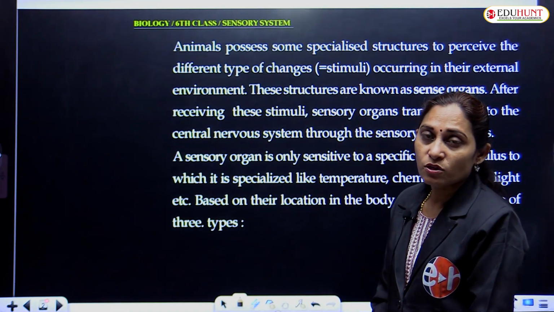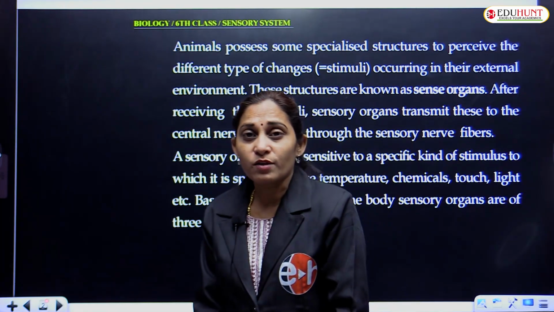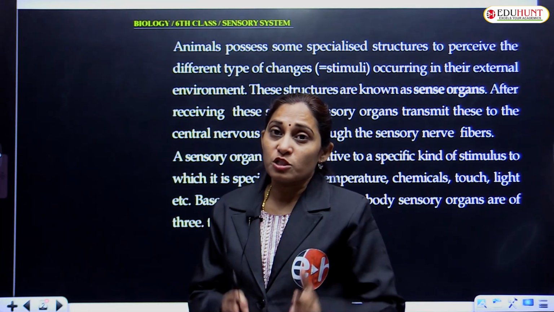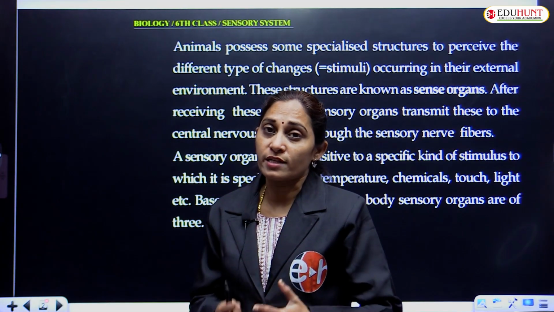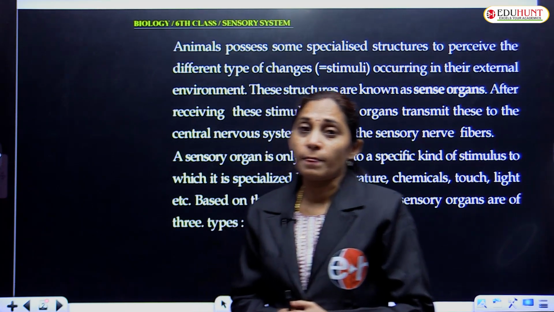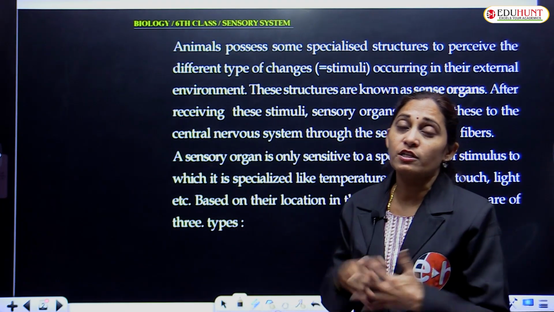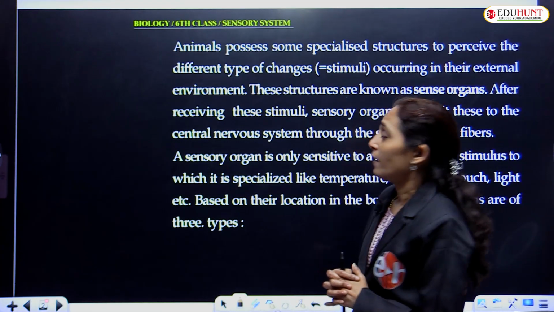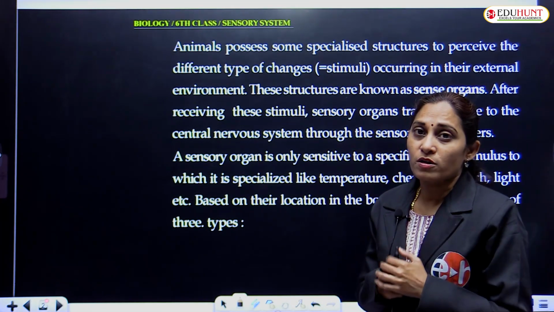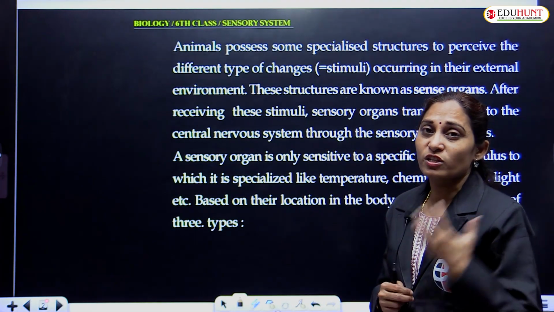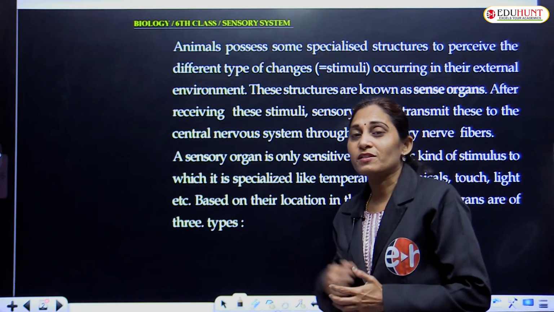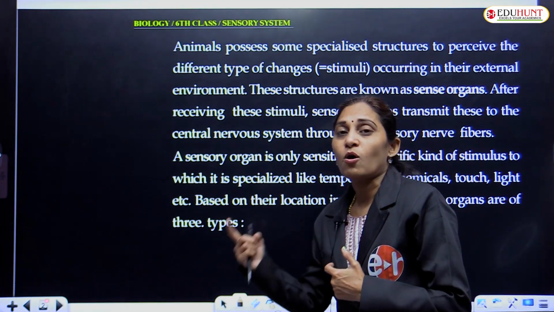Sensory system consists of a network of various specialized organs called sense organs. These sense organs are connected with the nervous system, and they have receptors which receive the signals and transmit the signals to the site of action.